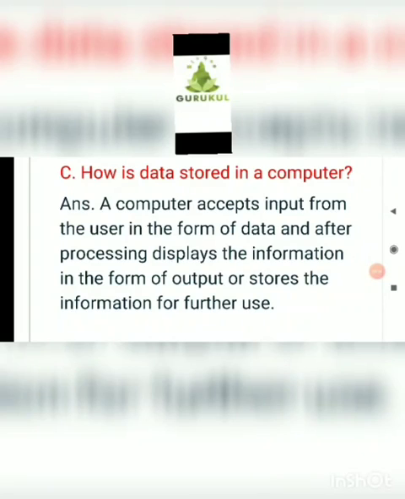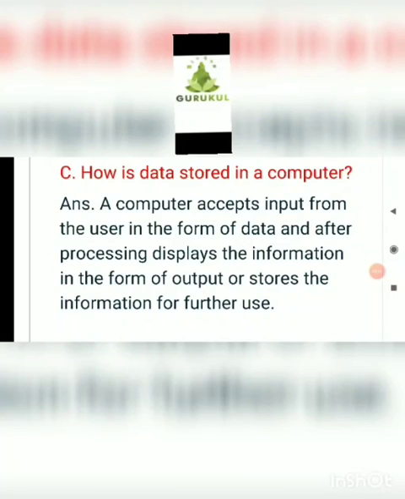Again the machine information will be converted into the human acceptable form through the output device. In between, the data and information needs to be stored in a place for future use. It is known as the storage unit. The storage unit will store the data and information for future use.